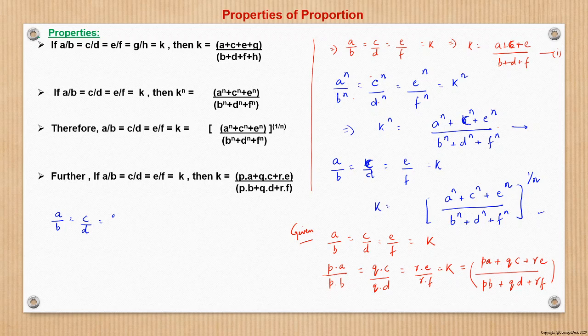So basically, a can take any coefficient, however if a is taking that coefficient, b also has to take the same coefficient, right? So similarly here also, if a is raised to power n, it means, if it is a square, a is having a coefficient of a. If it is a cube, then a is having a coefficient of a square. So similarly, here also it should have the same coefficient. That is what it says here.